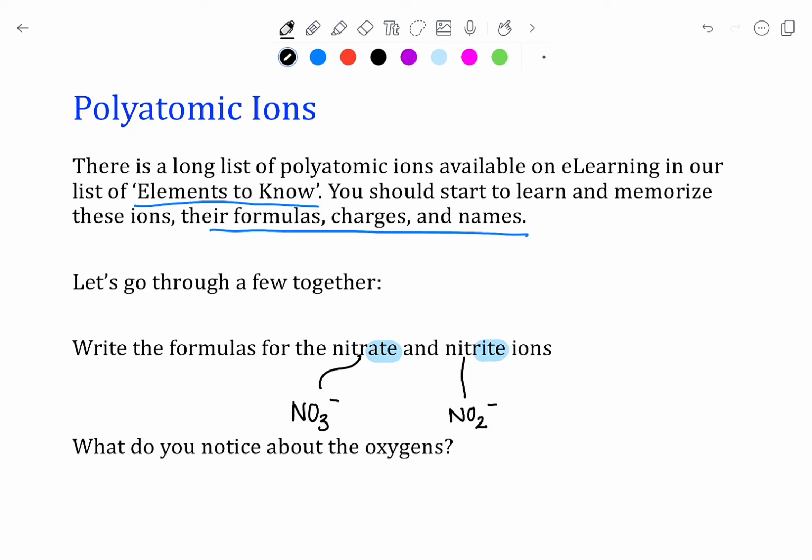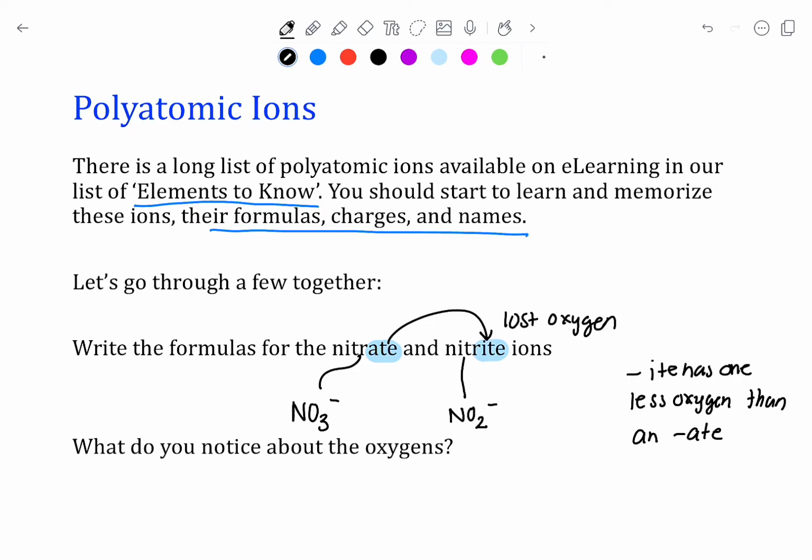So when we went from ate to ite, we lost an oxygen. So an ite has one less oxygen than an ate. That's what happens to the oxygens in our polyatomic ions.